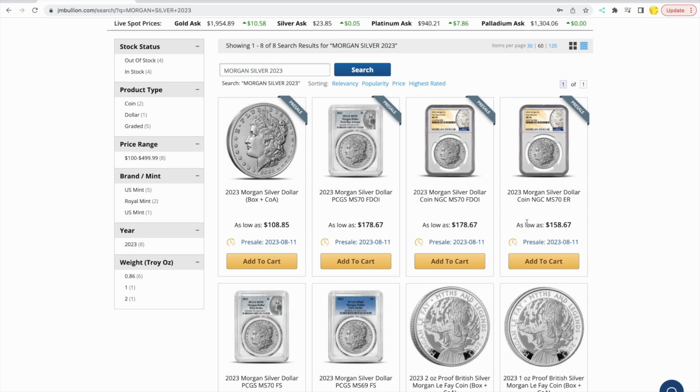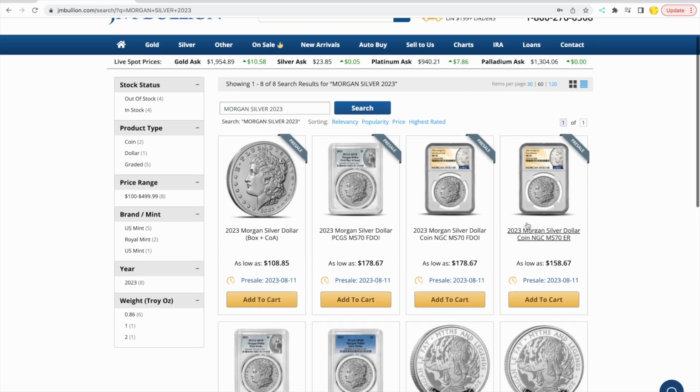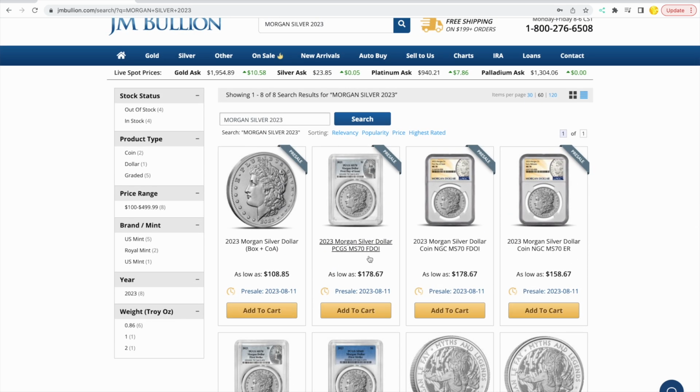So, are they buying them? No, I don't think they're buying these because as far as I know, Pinehurst was the only one buying the raw Morgans. But if you have the graded Morgans, that is going to be a better sale at JM Bullion.